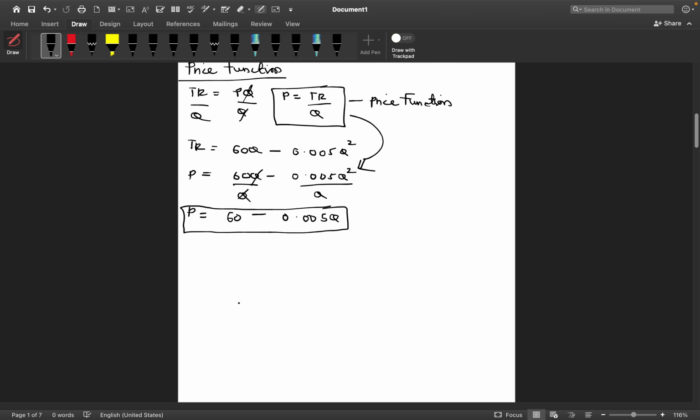The next one is we are asked to also find an expression for profit. We know profit to be total revenue minus total cost.